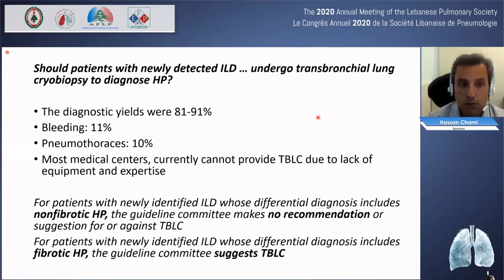Although the diagnostic yield was high, there was a high risk of complications, and the cryobiopsy was not present in all centers. So they made no recommendation in non-fibrotic HP, but suggested to actually do a cryobiopsy in fibrotic HP.